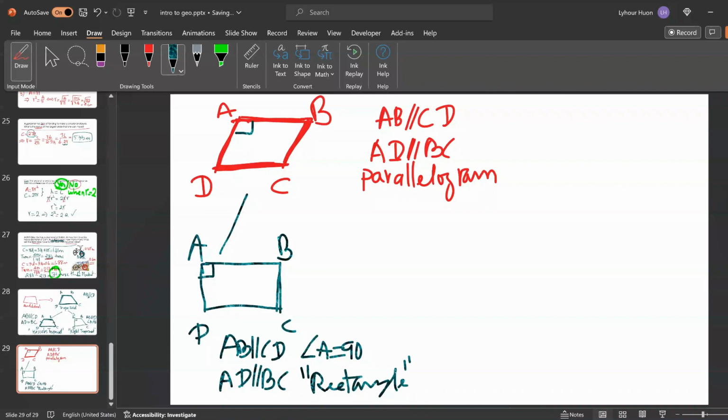More than that, what if we have two adjacent sides? Adjacent means next to each other. What if we have one right angle and AB equal to AD?